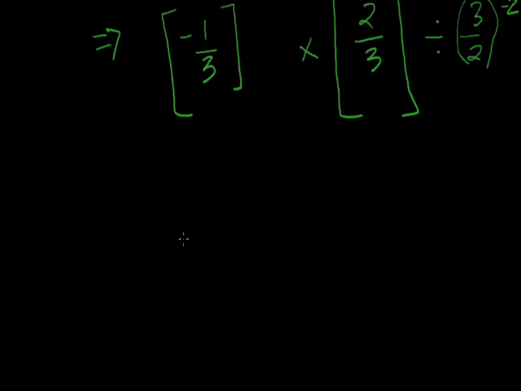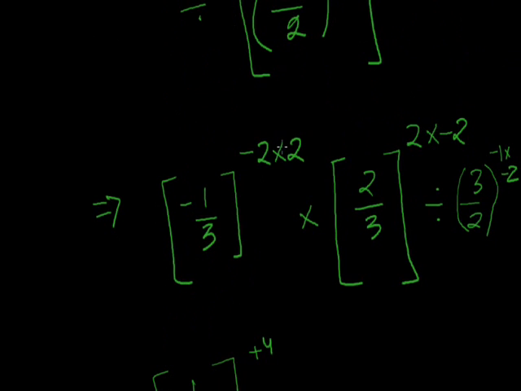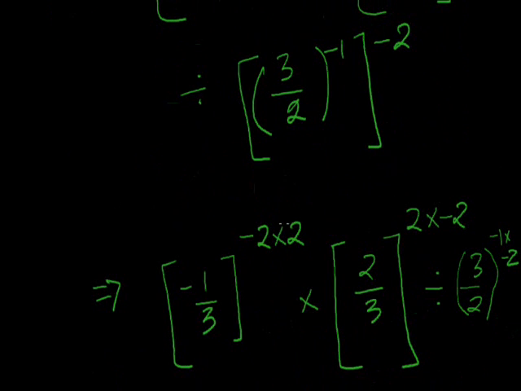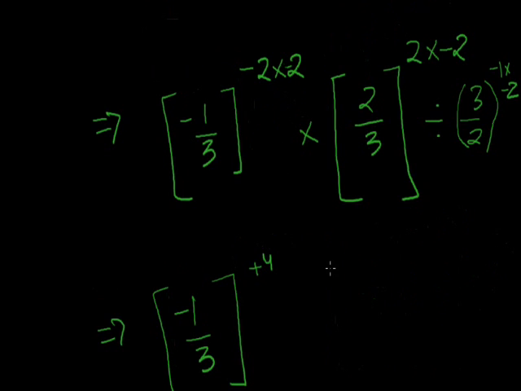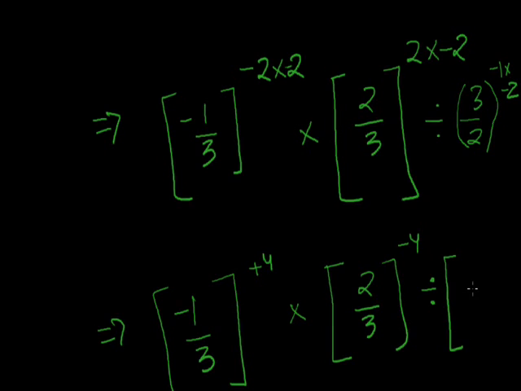Now to start with, (-1 divided by 3) whole raised to the power +4, because -2 multiplied with -2 gives you the answer as +4. Similarly, multiplied with 2 divided by 3 raised to the power -4, divided by 3 by 2 raised to the power 2.